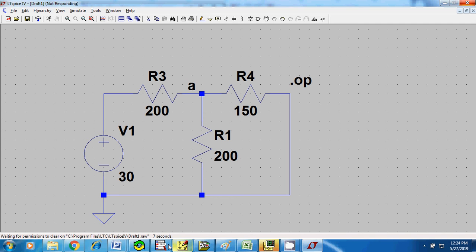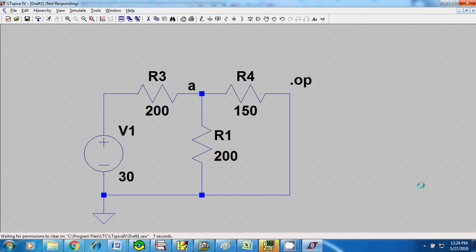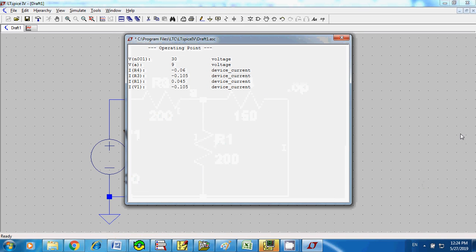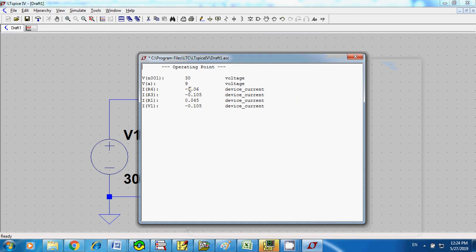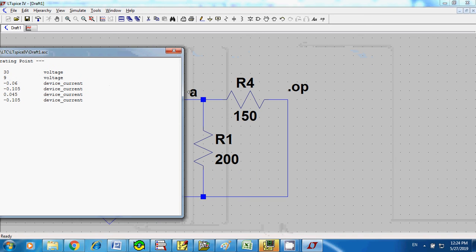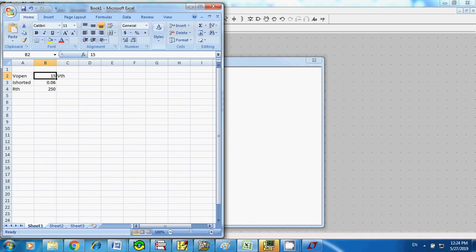That's supposed to give you 0.06 amps, right? So that's going to be the current flowing through R4. So that's the 0.06. You don't have to care about the minus sign, because as I mentioned, this just shows you apply KCL at this point. So I got the same result as from PSpice, right?